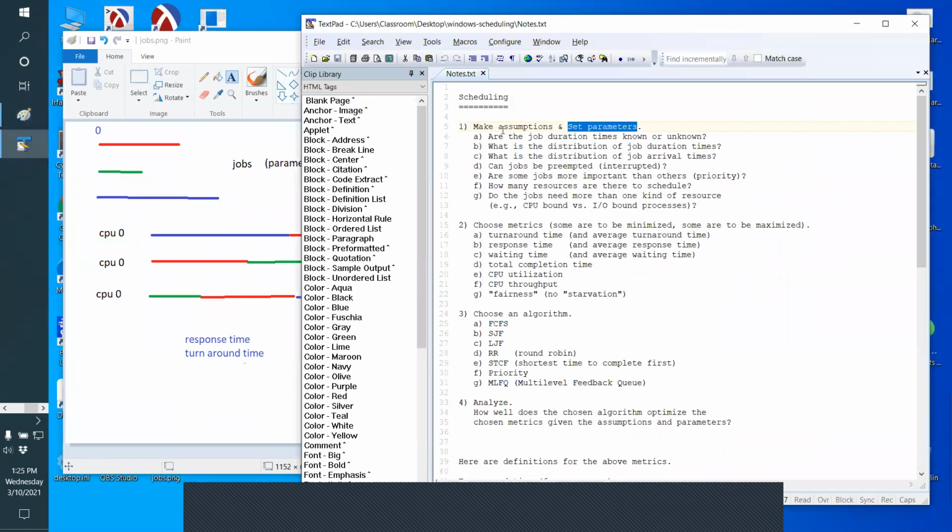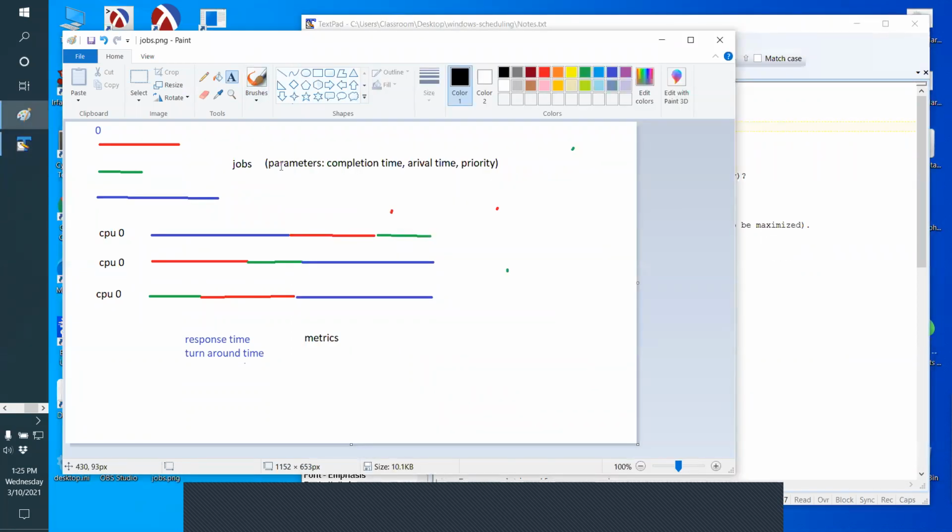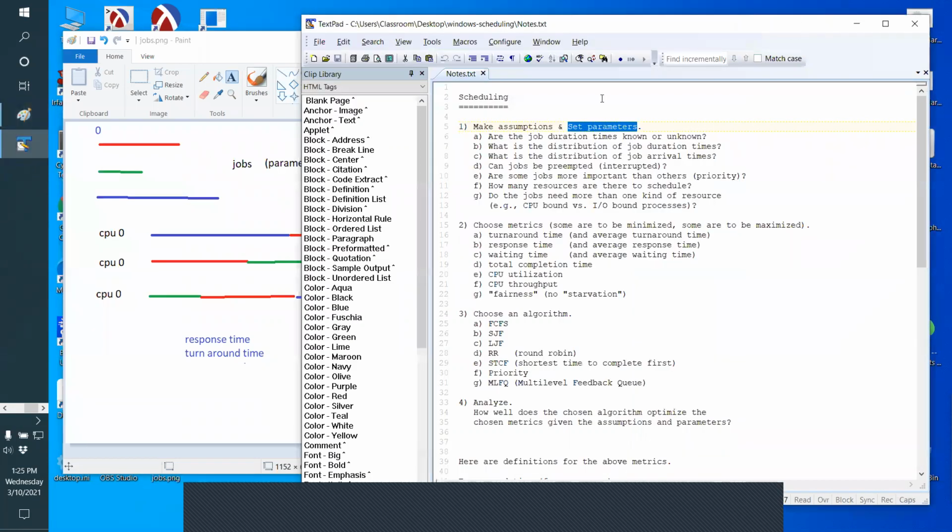We'll make assumptions and set parameters. So we'll say things like, all our jobs arrive at the same time. That's a parameter. All the jobs have the same priority, but they have different completion times. That's a choice of assumptions and parameters.